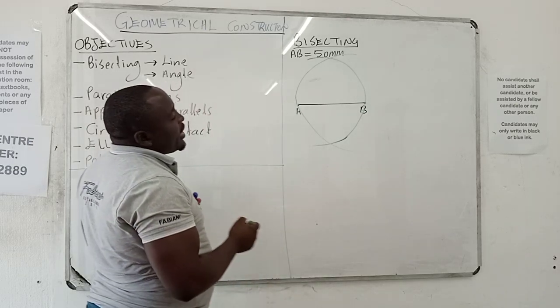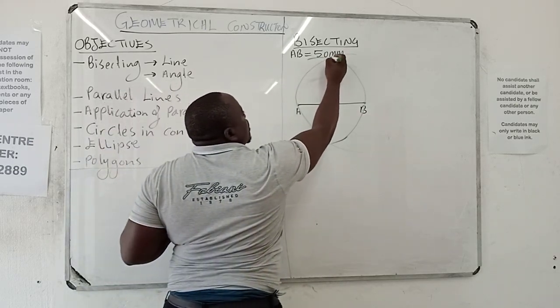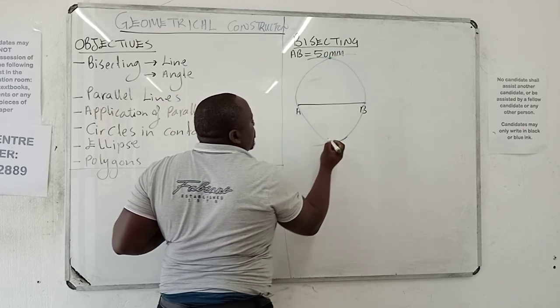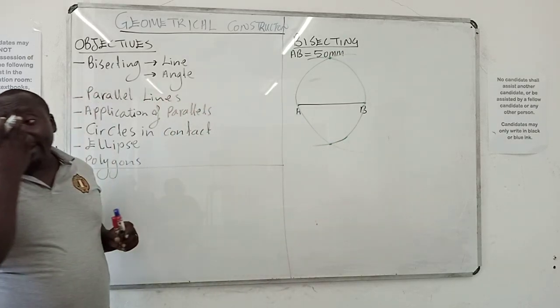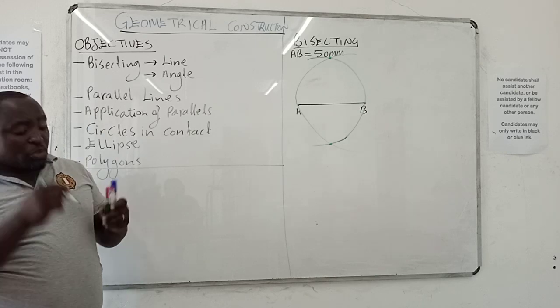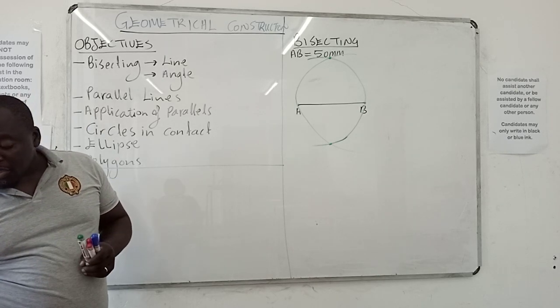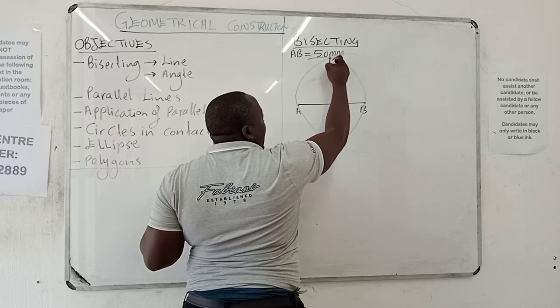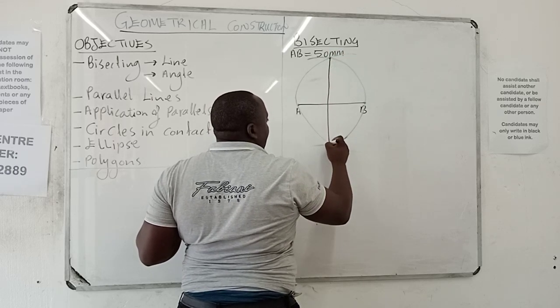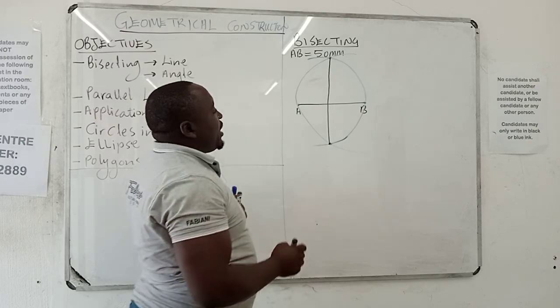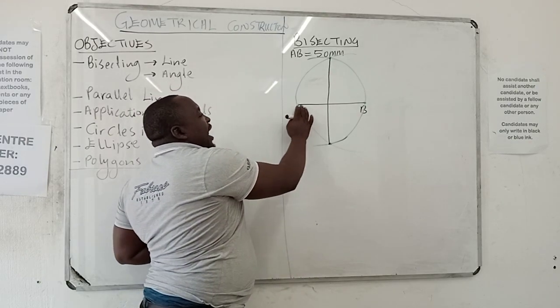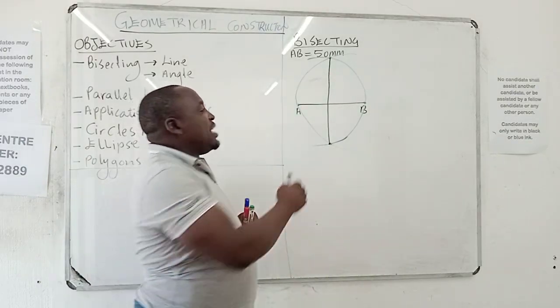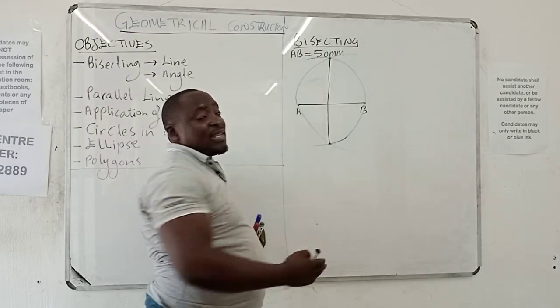Once you get these two crossing points of the arc, those are the points you use to join so that you can come up with a bisecting line. So you join from there to there. It means we have bisected line AB. And the bisecting line is this one. Is that clear?